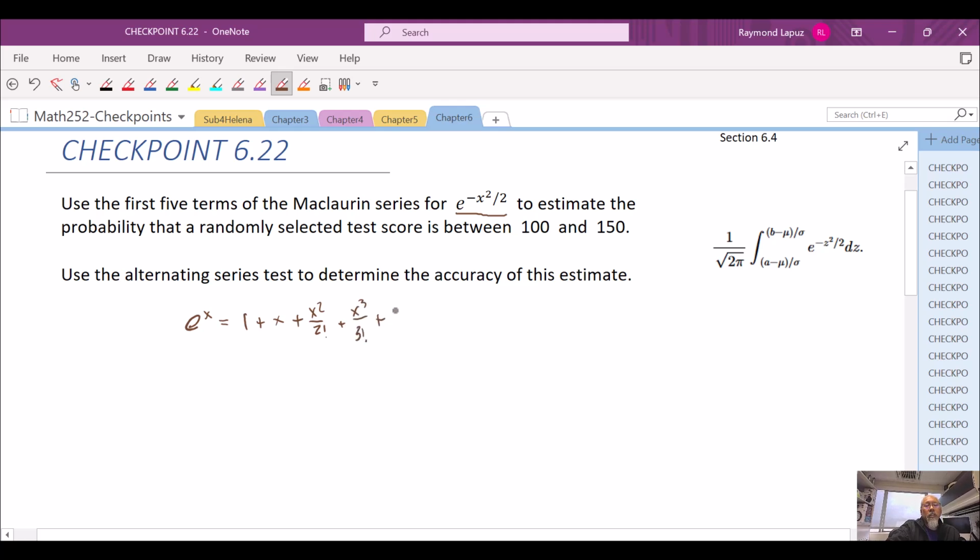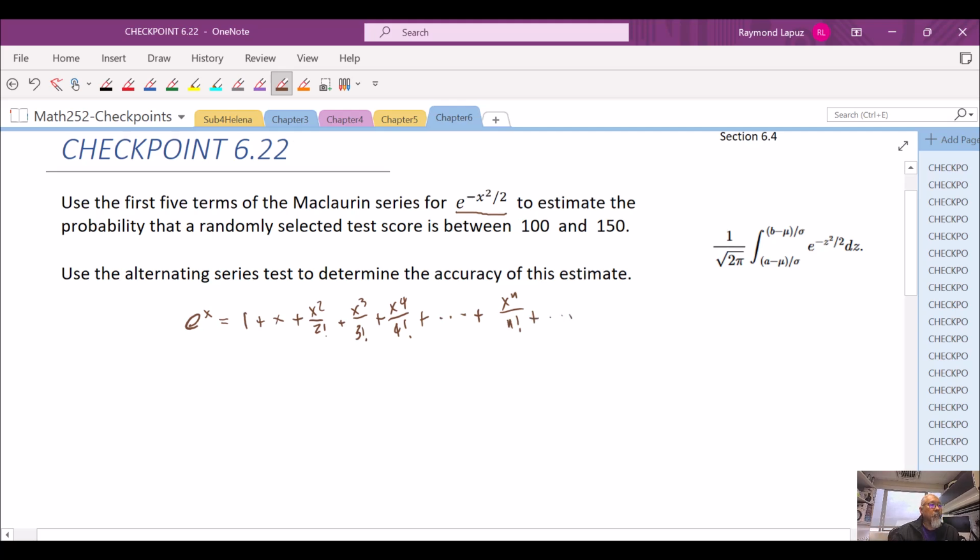The series looks something like this: 1 plus x plus x squared over 2 factorial plus x to the third over 3 factorial plus x to the fourth over 4 factorial, and we kind of get the picture. This is x to the n over n factorial, our general term.